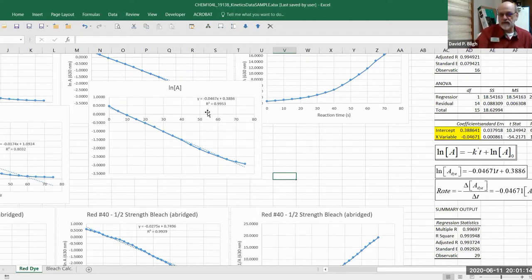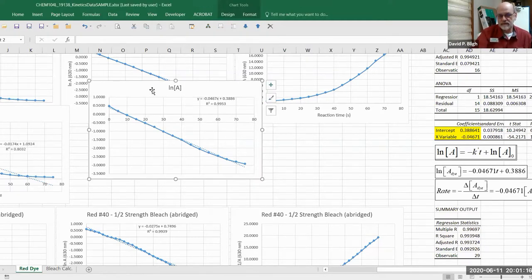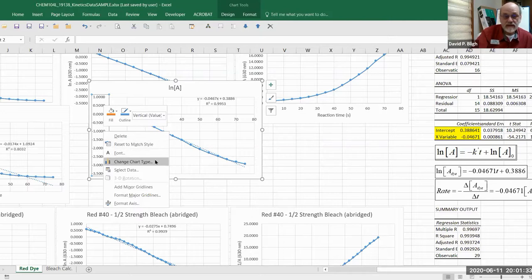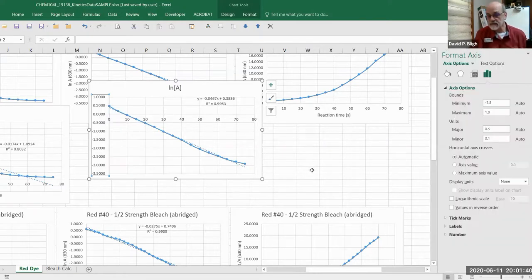So what we need to do is highlight the graph, and actually we want to go in and highlight the y-axis. Then we want to right-click it and format the axis.